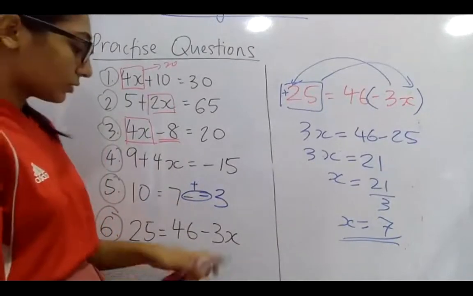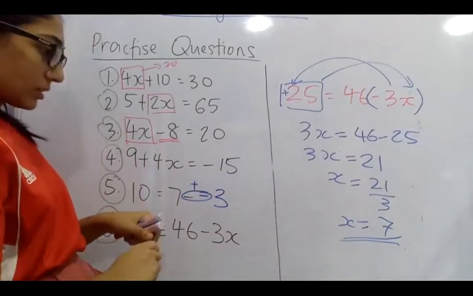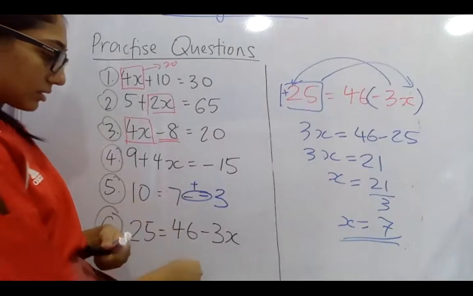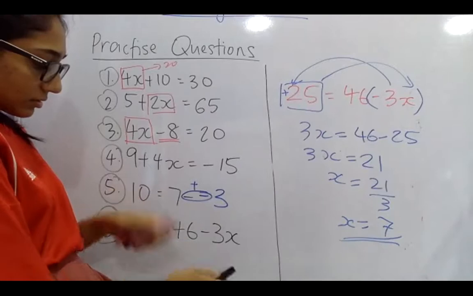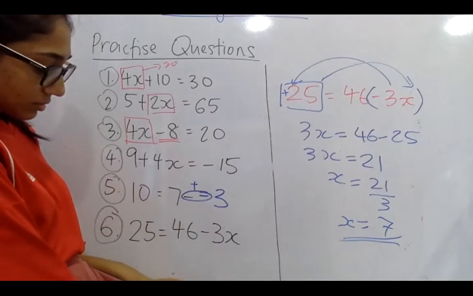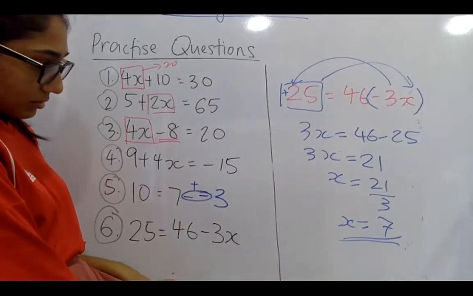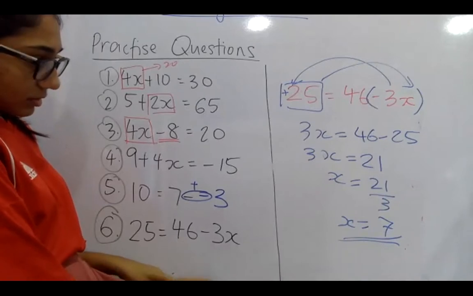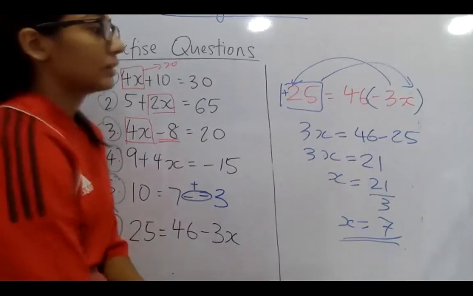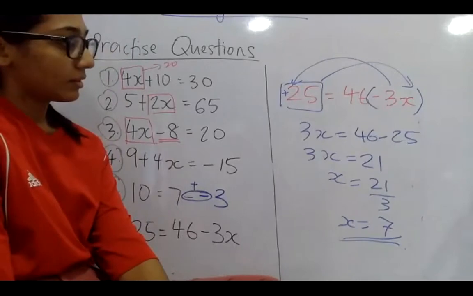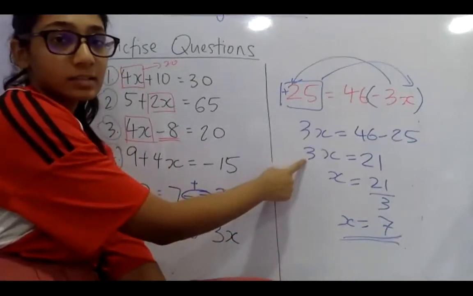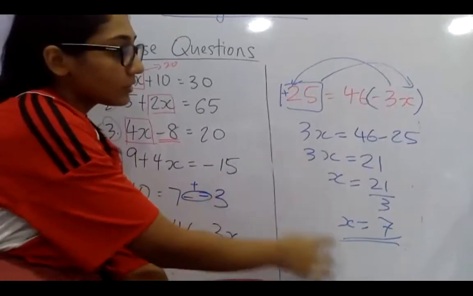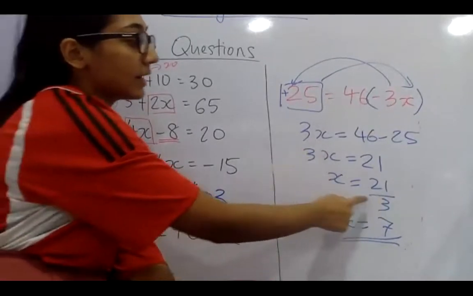Anyone didn't get that? Don't understand? I'm a bit confused with these things sometimes. Sometimes I'm not sure if you're talking about the negative or the minus sign. If a negative is here, negative 3x, then when you divide it, it will be 21 divided by negative 3.